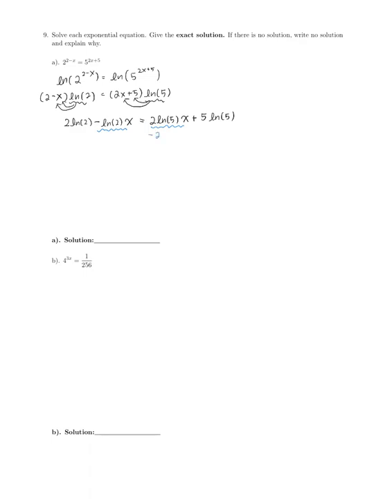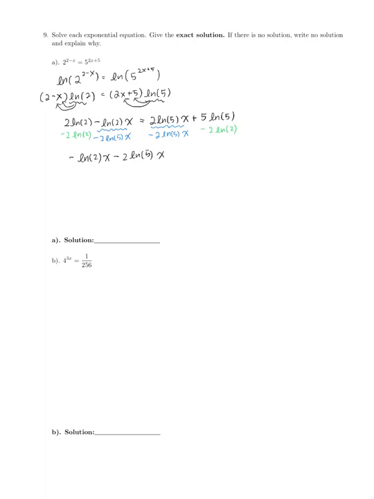I'll go minus 2 ln of 5 times the x, minus 2 ln of 5 times the x. Then we're gonna have what? Minus ln of 2 times the x, minus 2 ln of 5 times the x. And then let me just bring the 2 ln of 2, that's just a constant, on the right hand side by subtracting it.